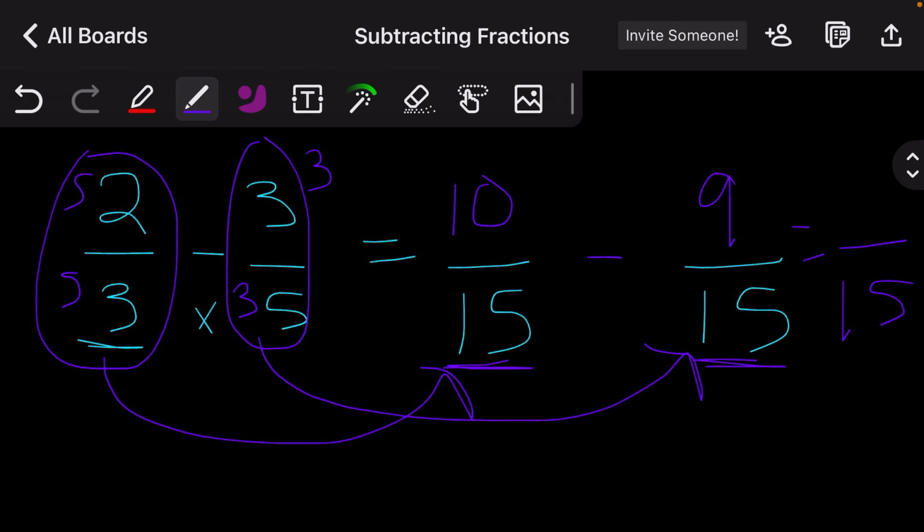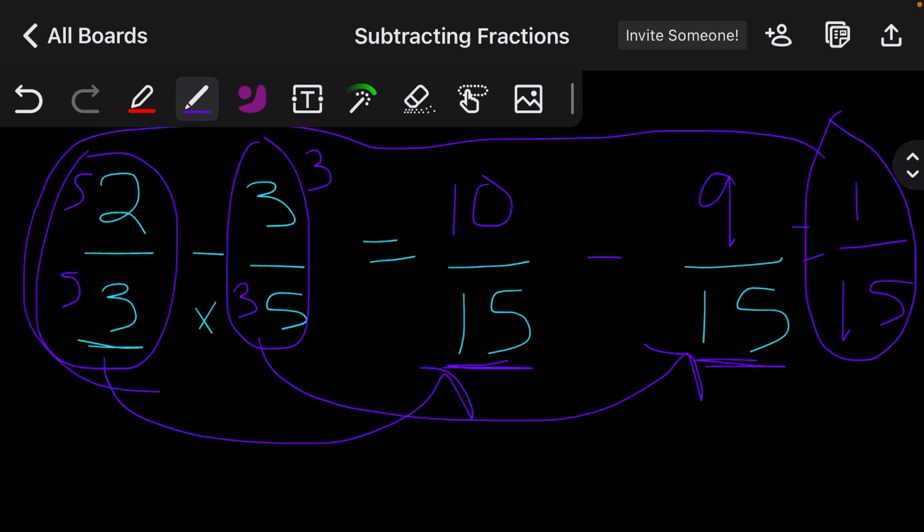Now we just subtract the numerators, which is 10 minus 9, which is going to be 1. This is the answer to our original problem: 2/3 minus 3/5 equals 1/15.